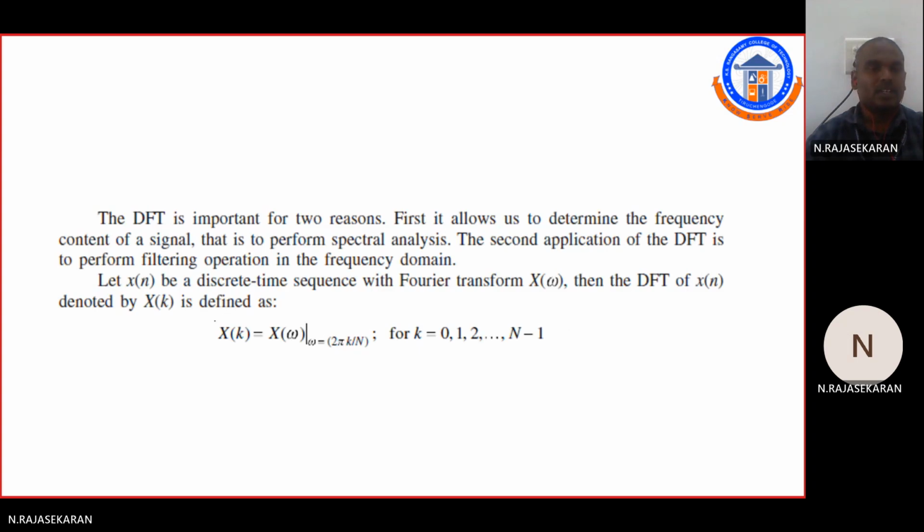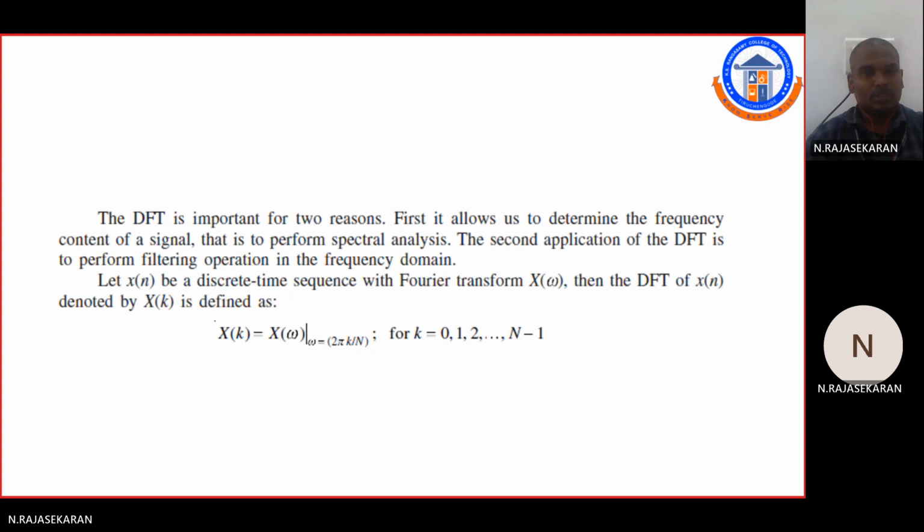Why is the discrete Fourier transform important? First, it allows us to determine the frequency content of a signal. In each and every signal, we can determine the frequency parameters. That is to perform spectral analysis, which is equivalent to frequency response analysis. The second application of the DFT is to perform filtering operations in the frequency domain.